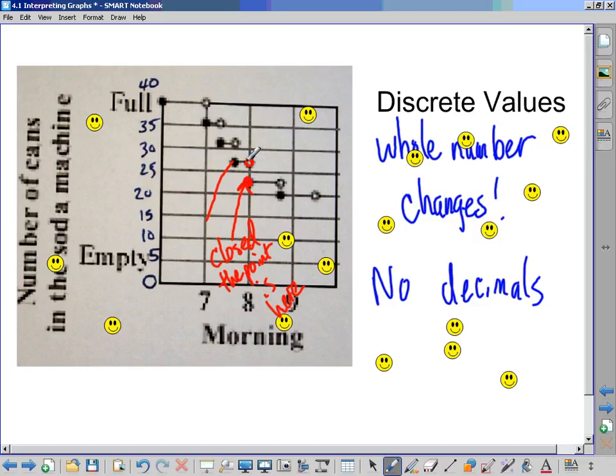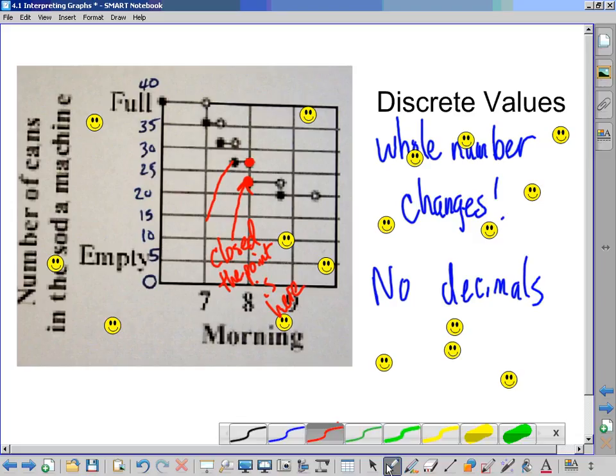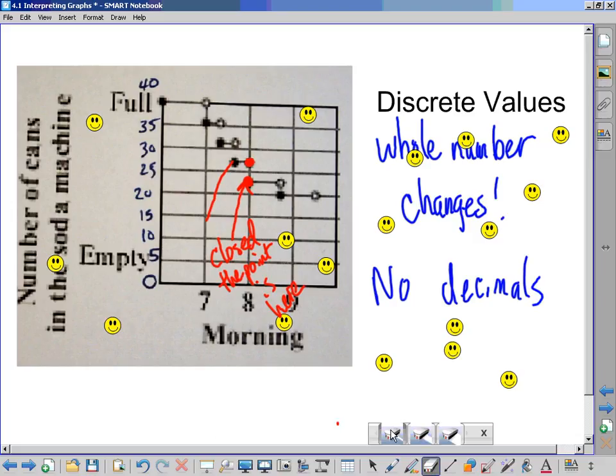Closed dot here, closed dot there. Think about the pop machine. At 8 o'clock, this machine has 22 and 27 cans of soda. Can it be both? It's got to be one or the other. The open circle indicates that you get really close to there, but then it hops down to the next one. All right? The closed circle is where it lives. The open circle is not. It's like a placeholder. Got it? Good? Move on.